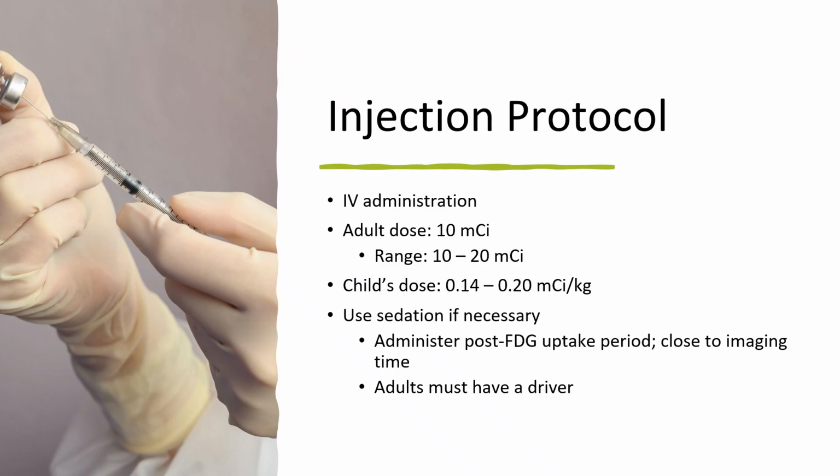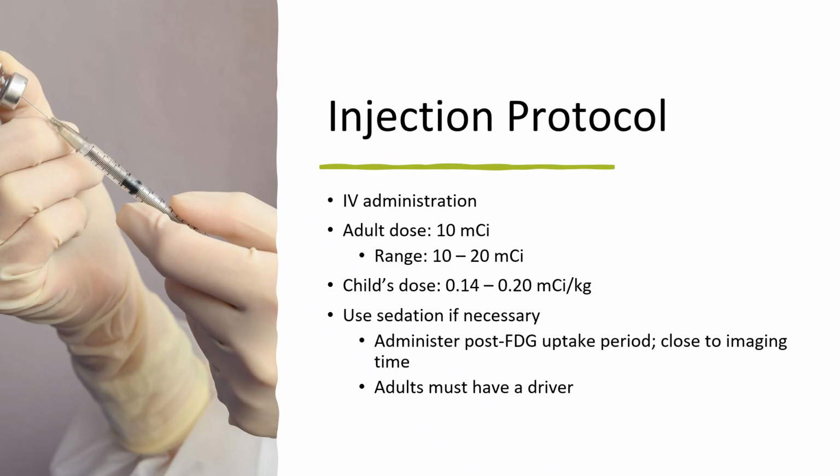You will also see a wider range in places that have digital PET because their cameras are so sensitive and so efficient that they can actually give a lower dose and still get good counts. So don't get hung up on that dose. That's just the typical range that you'll see, about 10 to 20.